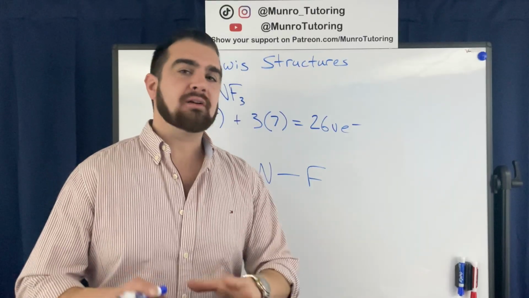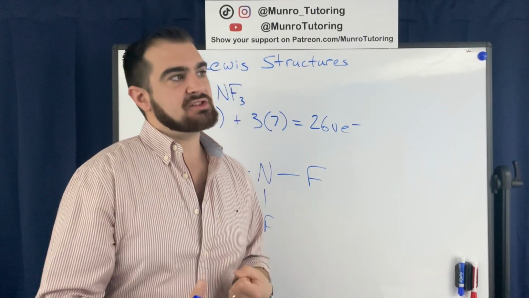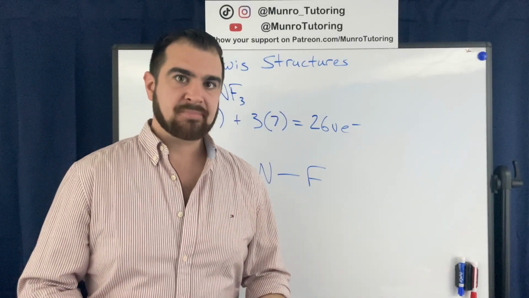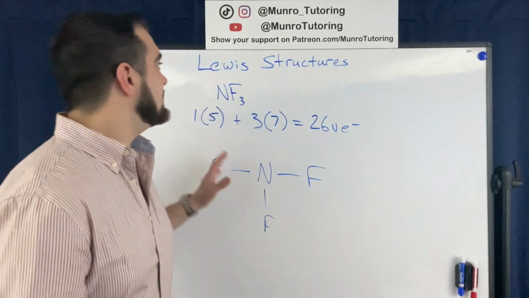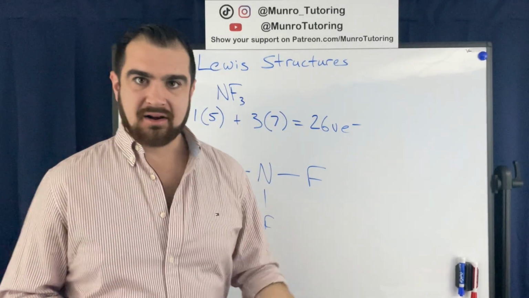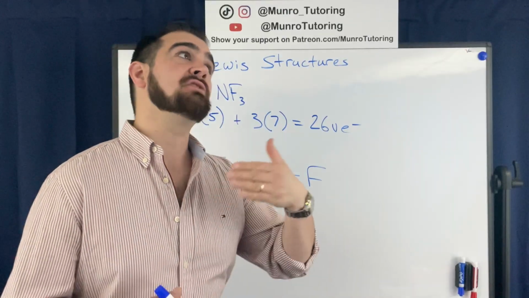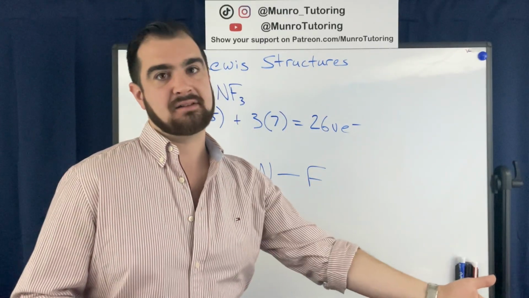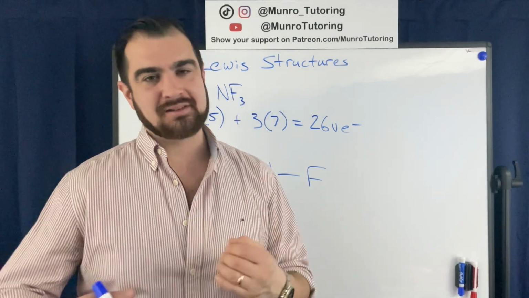And remember, what octet is basically the desire for elements to have 8 valence electrons. Again, there are exceptions here, but for the most part, the elements in Lewis structures, they're nonmetals, and they want to have the noble gas configuration or the electron configuration of the nearest noble gas. Noble gases are in group 8A, so they'd like to have 8 valence electrons.